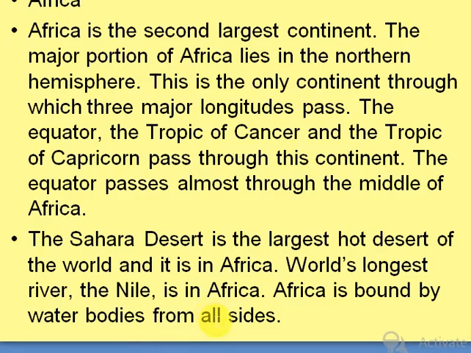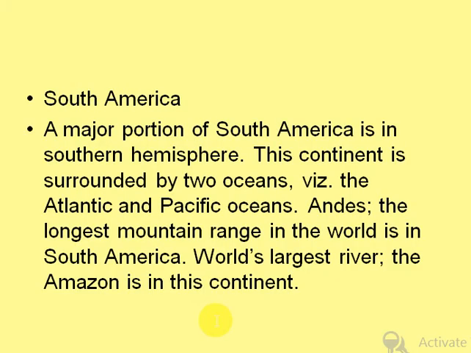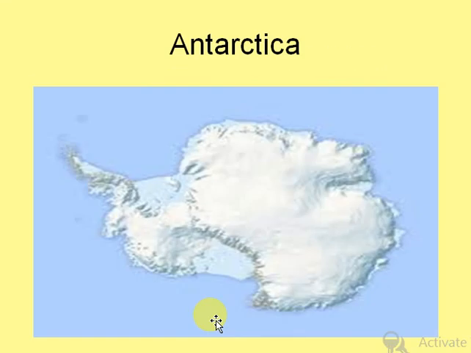So as it is located in the South Polar region, it is permanently covered with thick ice sheets. Have a look at the image. There are no permanent human settlements.